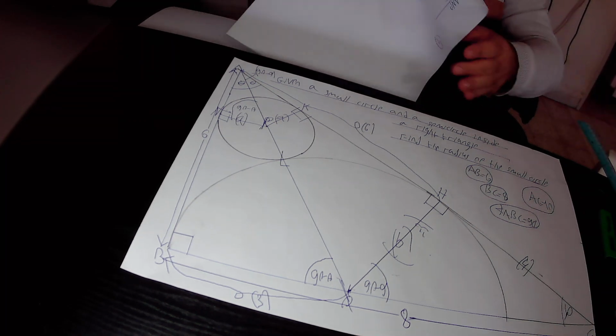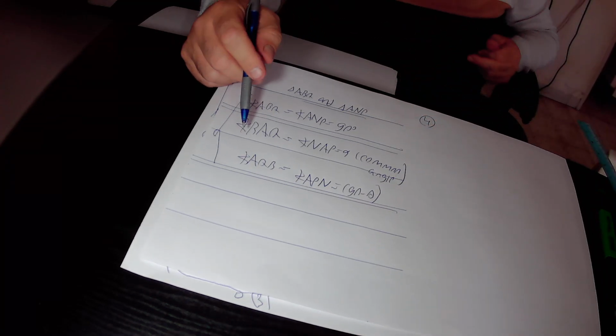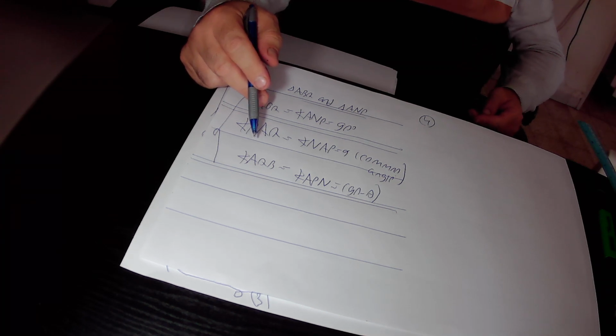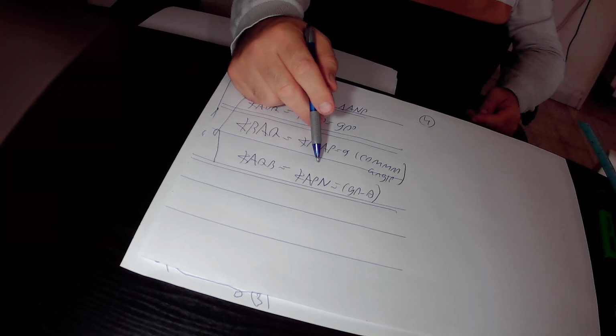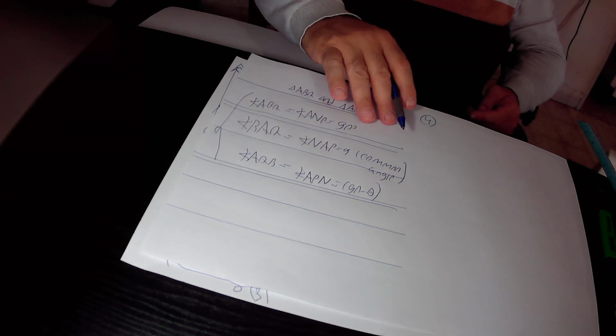So I'll repeat again. We actually found out that angle AQB in the big right triangle ABQ equals angle APN in the small right triangle ANP. They are both equal to 90 degrees minus theta, therefore they are equal to each other.